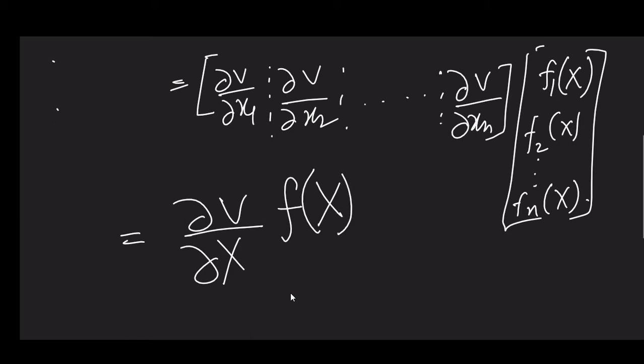I wish I could write it all the time using bold letters because it is a vector valued function, but it's tiresome and would consume unnecessary time. You are mature enough to figure it out, right?